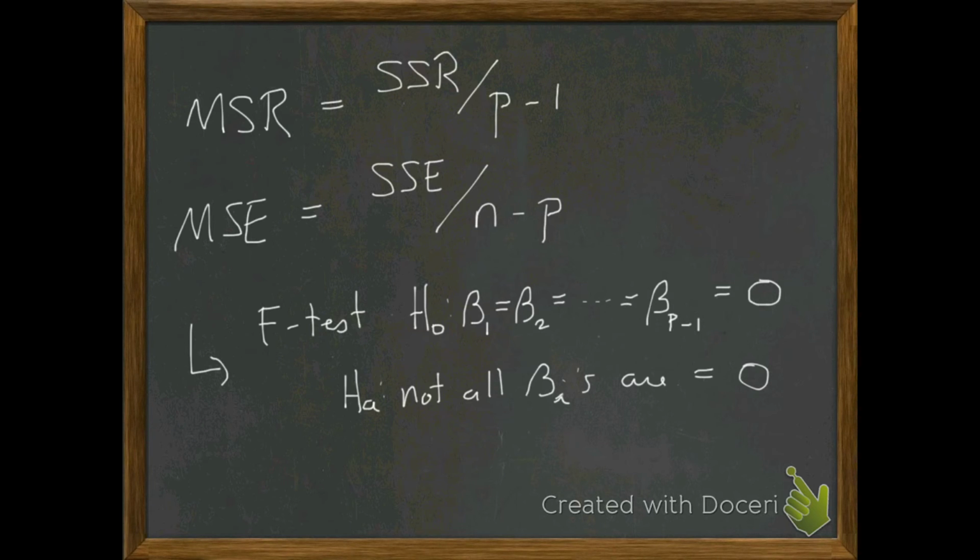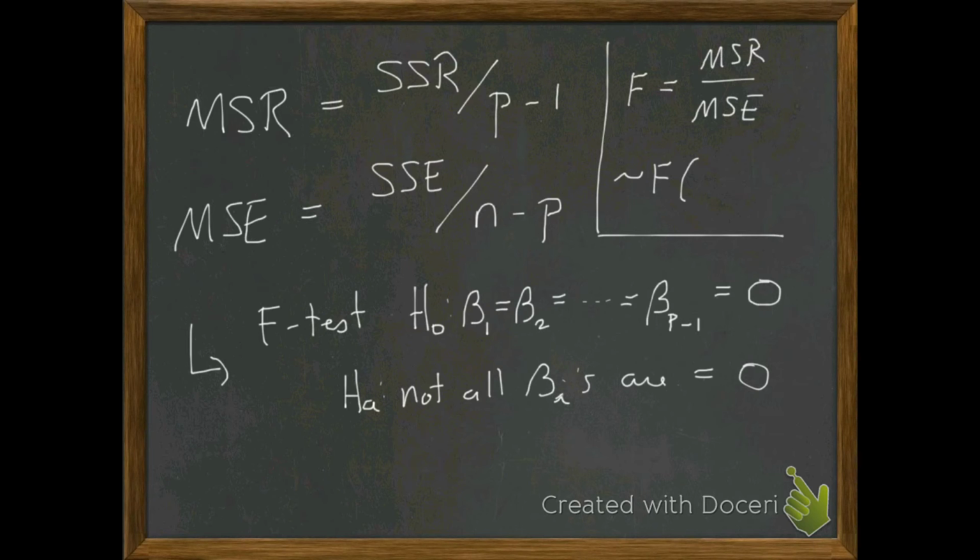And of course, guys, I think it's pretty obvious here that F is equal to the mean square regression over the mean square for the error, and it follows the F distribution with degrees of freedom p minus 1, n minus p.